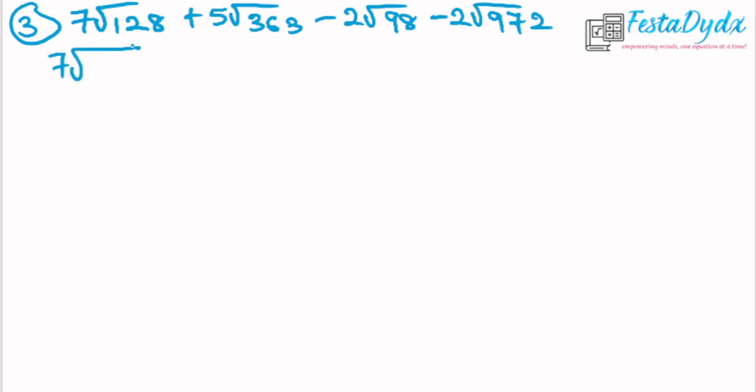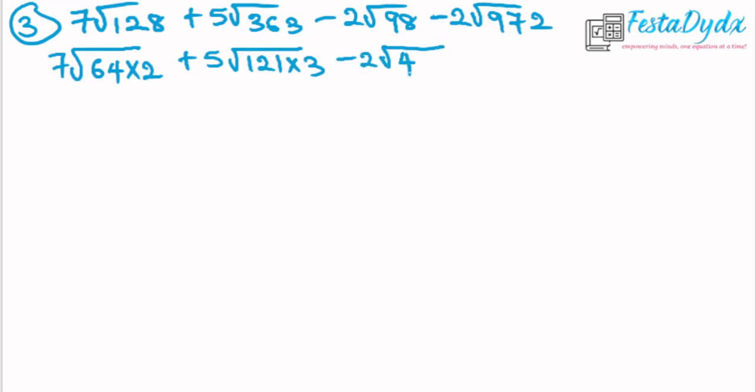7 root, for 128, we break it down to 64 times 2, plus 5 root, for 363, we break it down to 121 times 3, minus 2 root, for 98, we break it down to 49 times 2, minus 2 root, for 972, we break it down to 324 times 3.